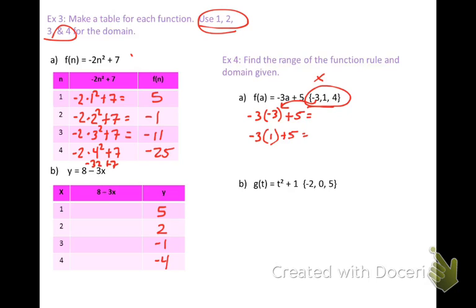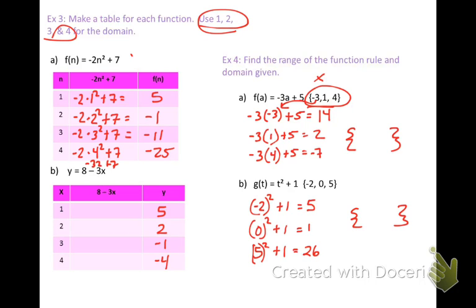You're going to have 3 answers, and -3 times 4 plus 5. So they give you 3 numbers. You're going to have answers of 3 numbers. So here are your answers, 14, 2, and -7. And what they want you to do is put it from least to greatest. So your least number is -7, then 2, and then 14.